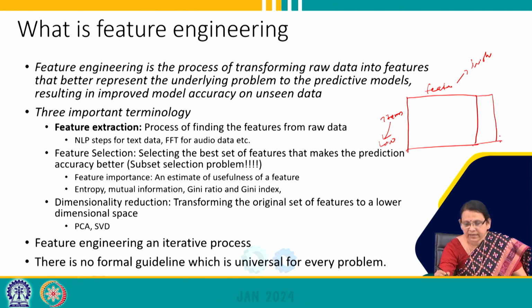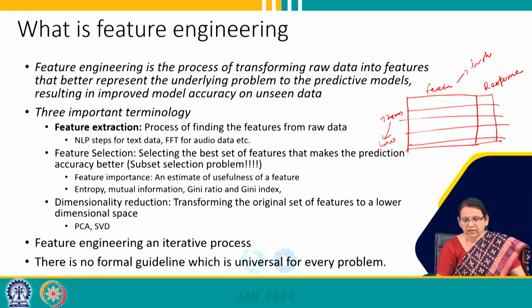Why do we need these features? Because we are going to relate it to some kind of response variable, and this response variable together with the features try making one prediction model.